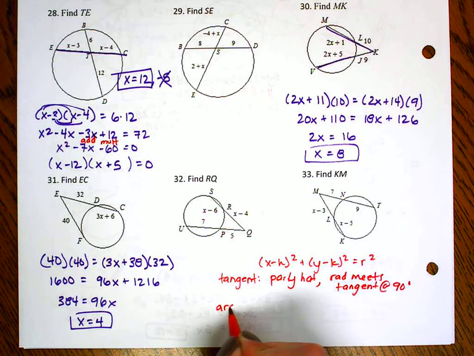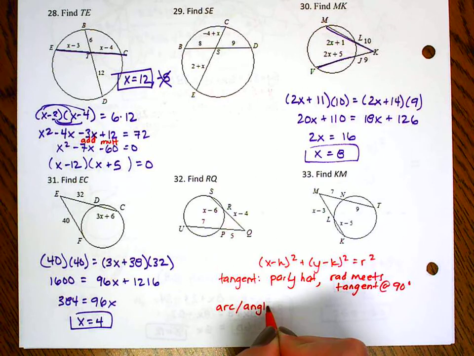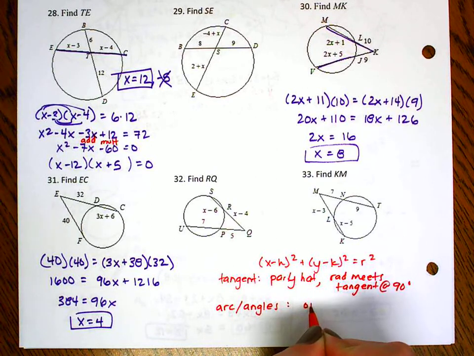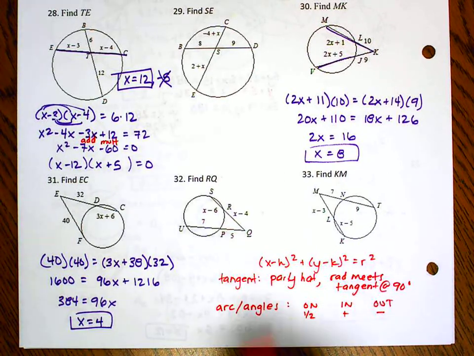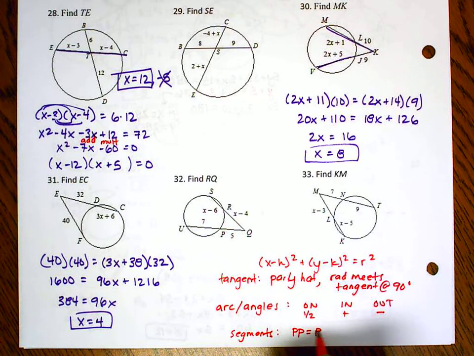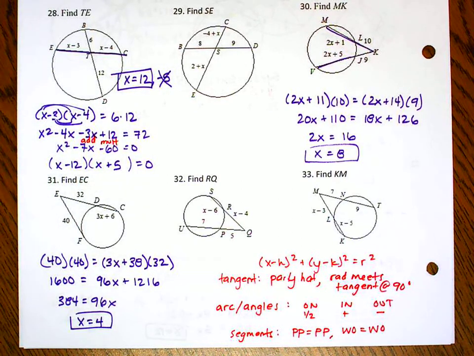Then if we're dealing with arcs and angles, we have on, in, out, half, plus, minus. If we're dealing with segments, we have PP equals PP, so part times part equals part times part, and whole times outer equals whole times outer. Got a little bit more.